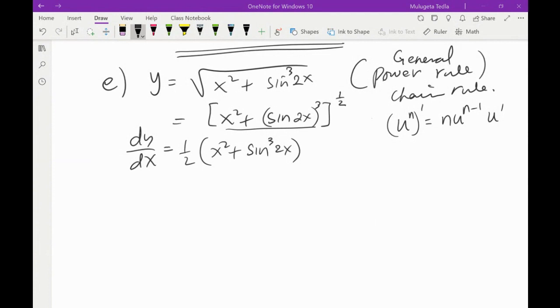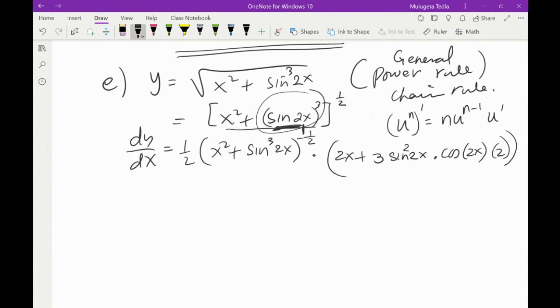Reduce the exponent by 1 times the derivative of the inside, which is 2x plus, okay, here is a challenge, the derivative of that. Bring the 3 up front, write the base, reduce the exponent by 1 from 3 to 2 times the derivative of sine, which is cosine of 2x times the derivative of 2x, which is 2.